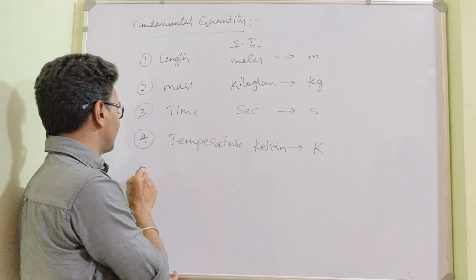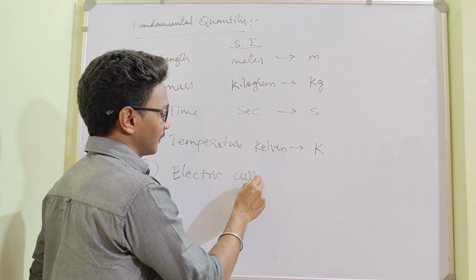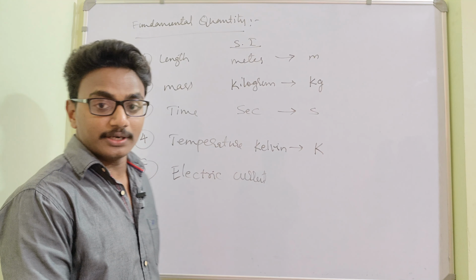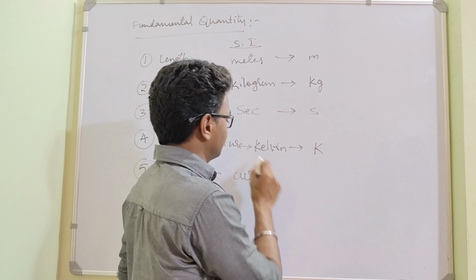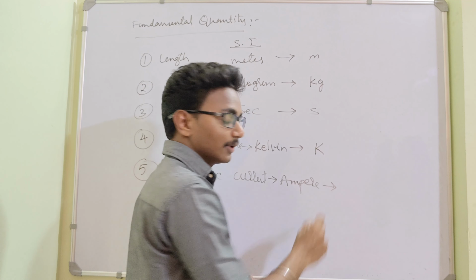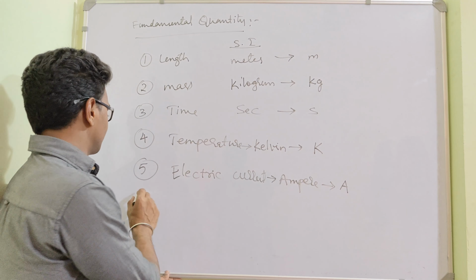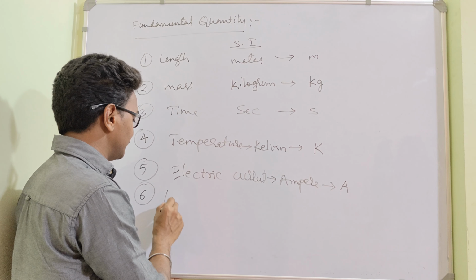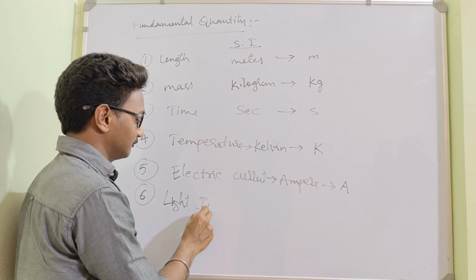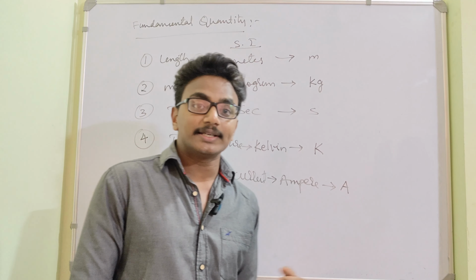The fifth fundamental quantity is electric current. The SI unit is ampere. You can express it with the letter A, capital A. The sixth fundamental quantity is light intensity or luminous intensity, both are the same. The SI unit is candela.